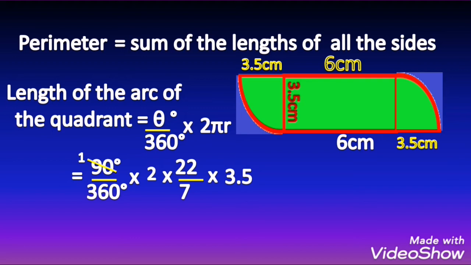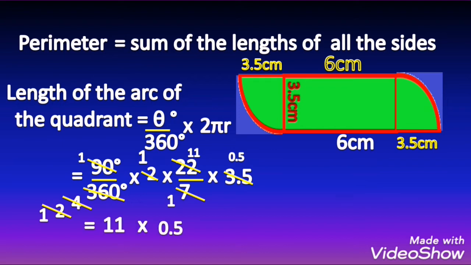Now let us simplify. 90 ones are 90, 4 nines are 360. 2 2s are 2, 1s are 1. Again 2 1s are 2, 11s are 11. 7 1s are 7, 7 0.5s are 3.5. Now let us multiply 11 into 0.5, which is 5.5 centimeters. This is the length of this arc.